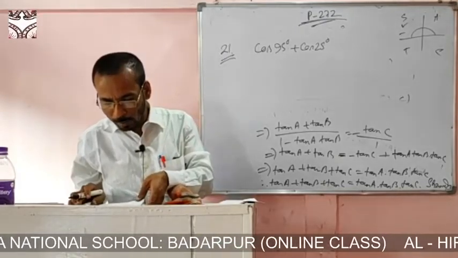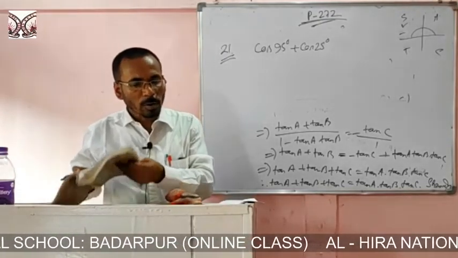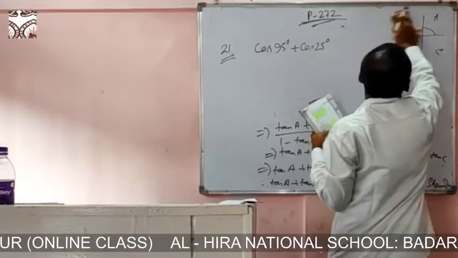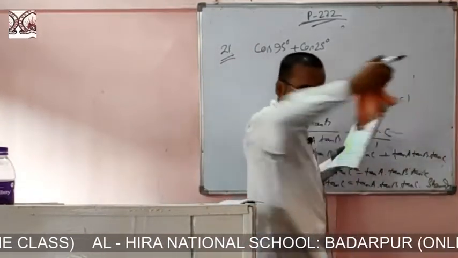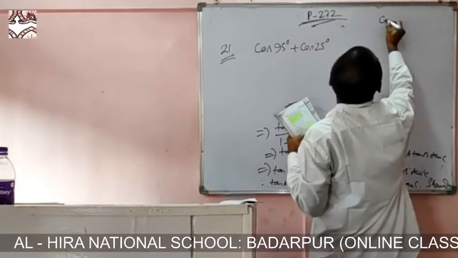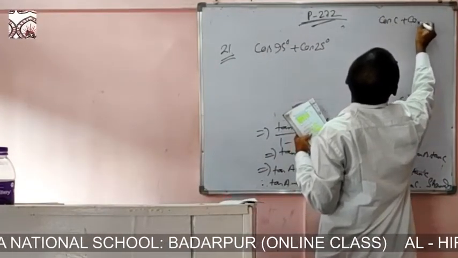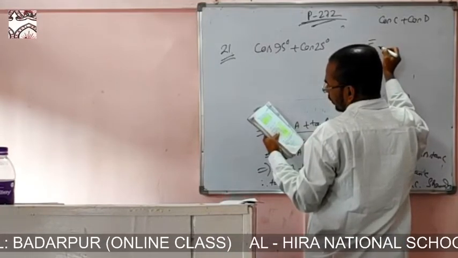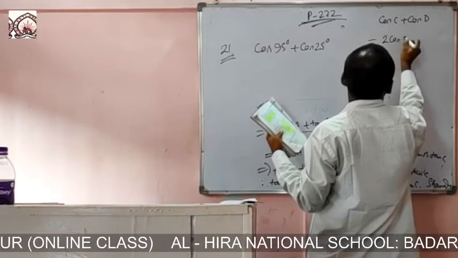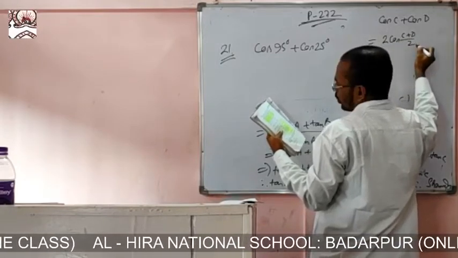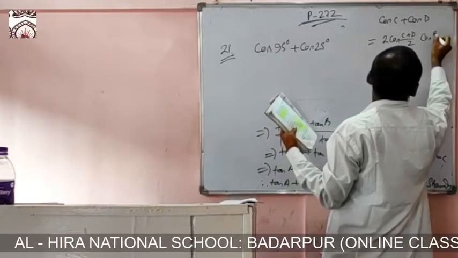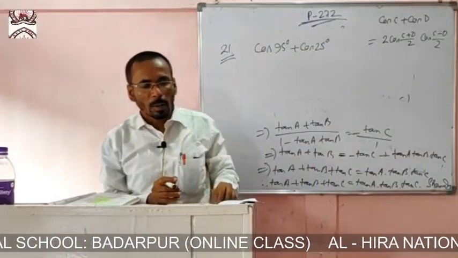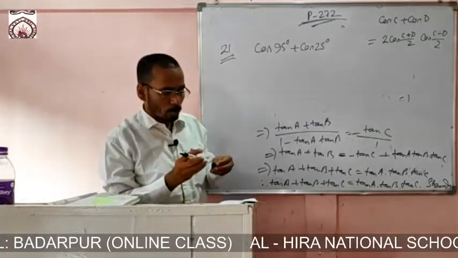The cos c plus cos d formula is twice cos (c plus d) by 2 into cos (c minus d) by 2. So here c means 95 and d means 25.